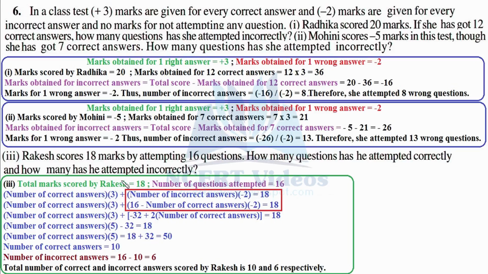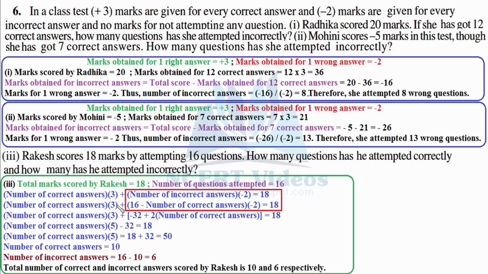Now writing the same thing here, plus solving this thing. Number of incorrect answers will be 16, that is total attempted by him, minus number of correct answers. So this will give him number of incorrect answers. And again, minus 2 as it is, equal to 18.